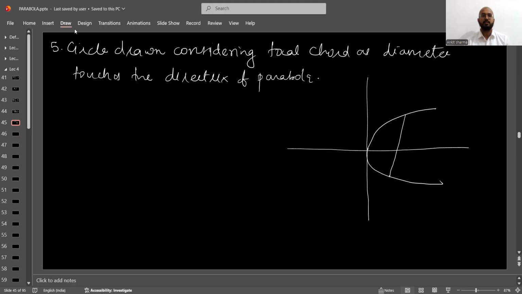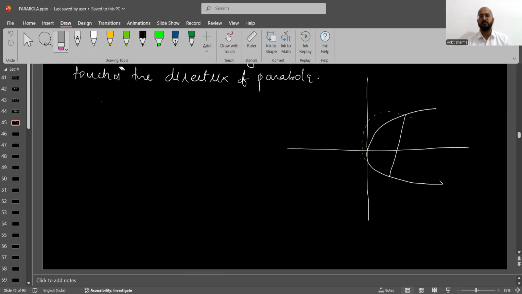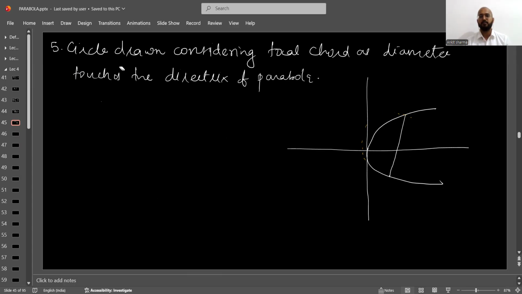Now I'm drawing a circle considering this focal chord as diameter, like this. So now this will touch the directrix.